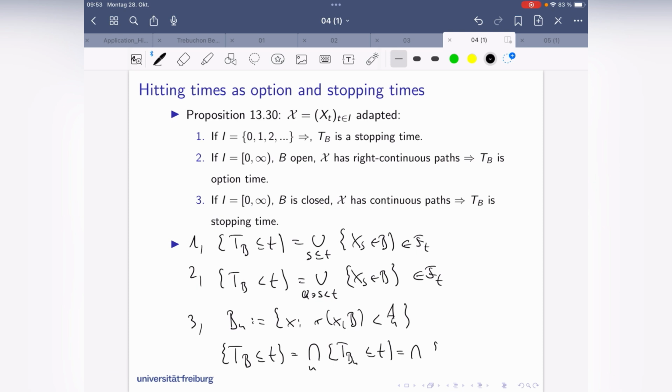So either Tbn is less than t, or xt is in the closed hull of Bn, like this here.